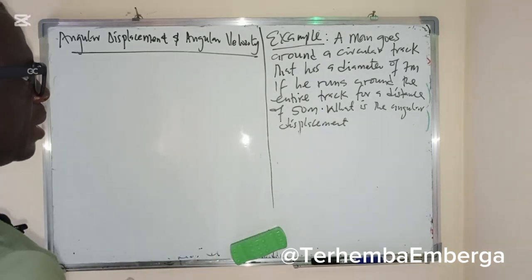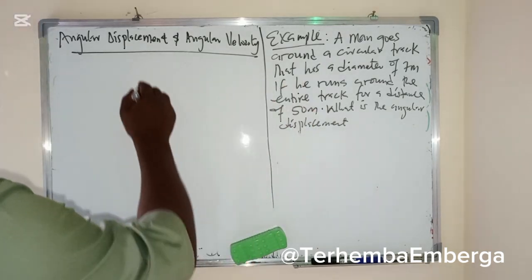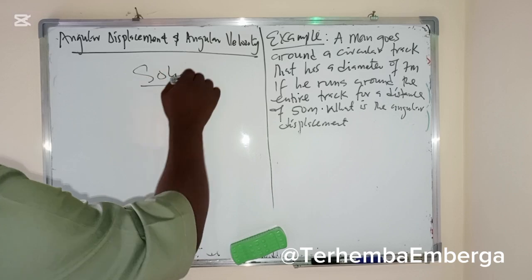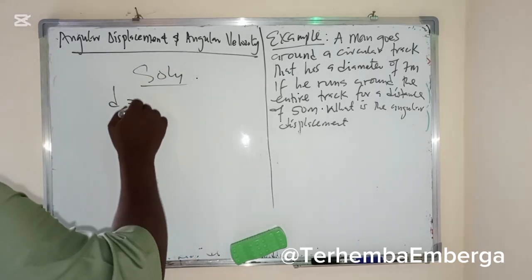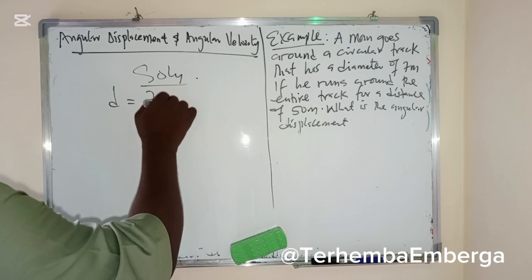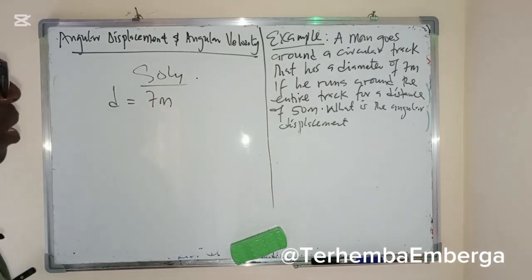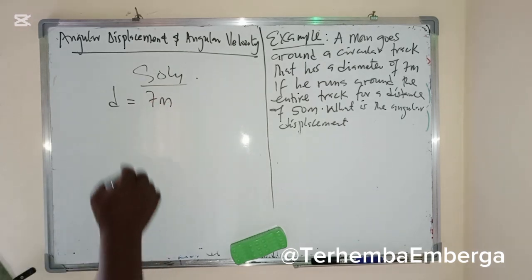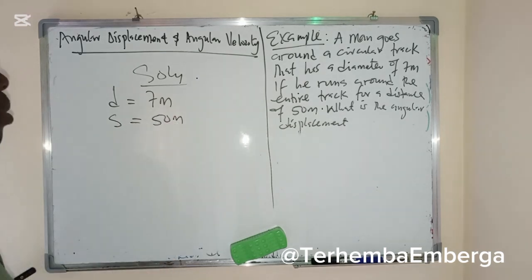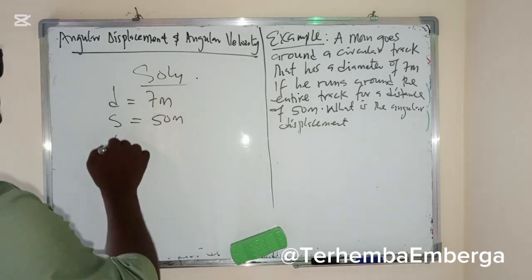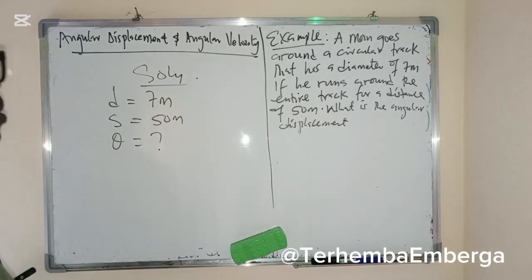So looking at this, let's look at the parameters. The diameter is given as 7 meters, and then the distance is 50 meters. So what is the angular displacement?